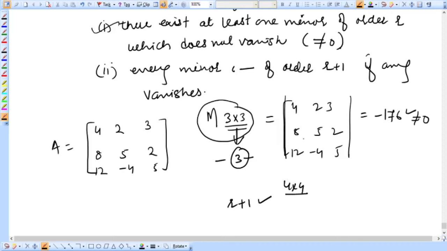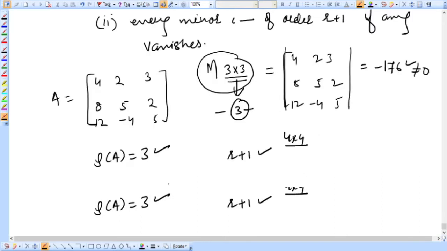So there is no such minor, and we have got at least one minor of order 3 which is not vanishing, therefore we can say the rank of A is 3.